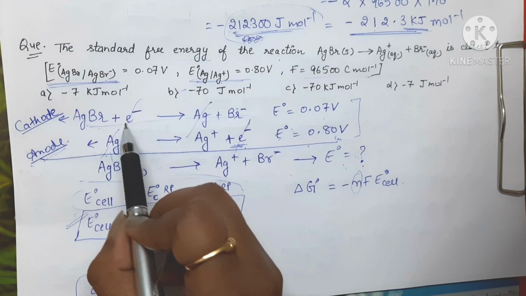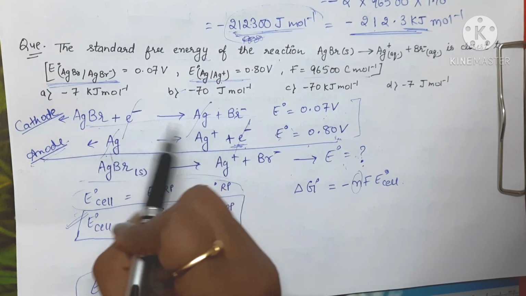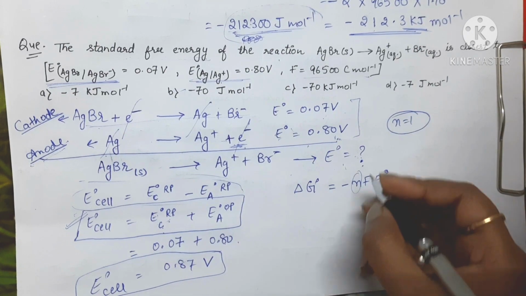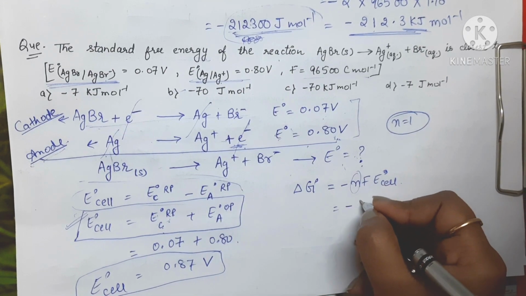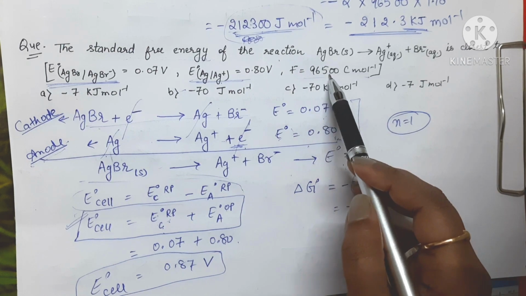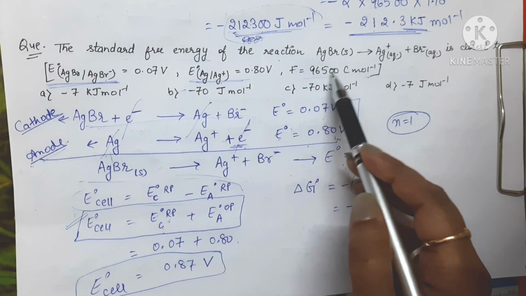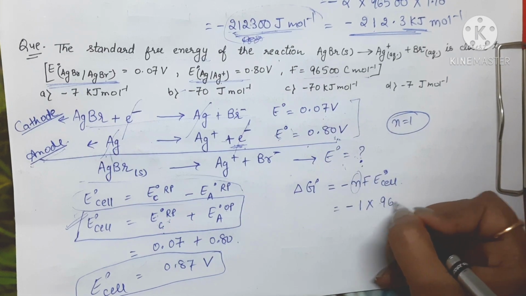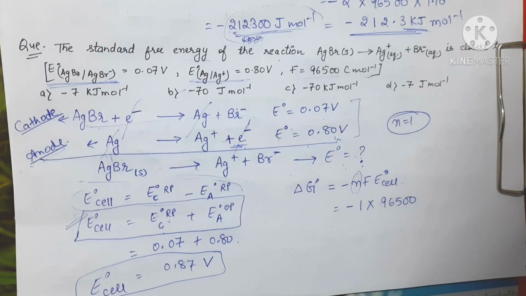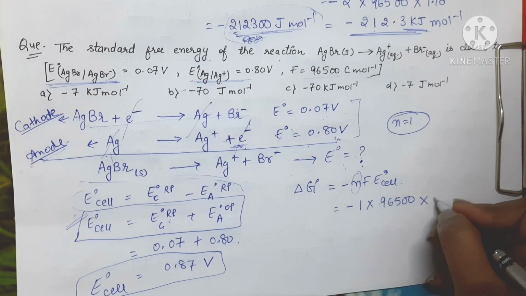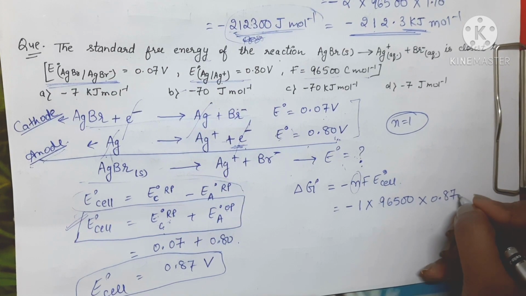Here only one electron is getting exchanged, so the value of N will be equal to 1. So you will substitute minus 1 into Faraday's constant, which is given to us as 96500, so that value will be substituted here. Now we have to put the value of E naught of cell, which is 0.87 volt.